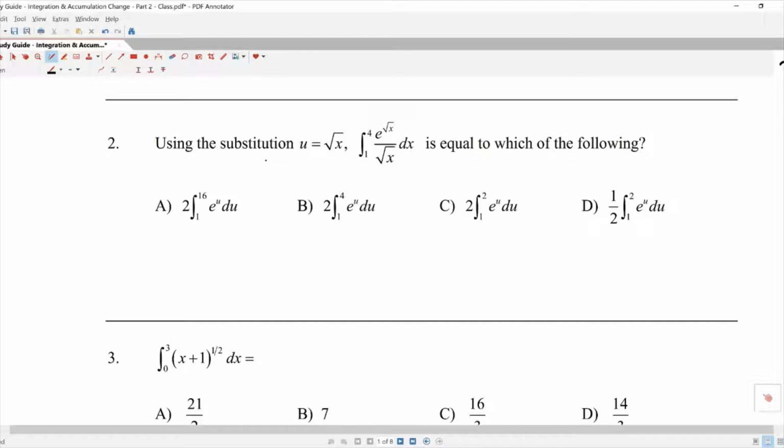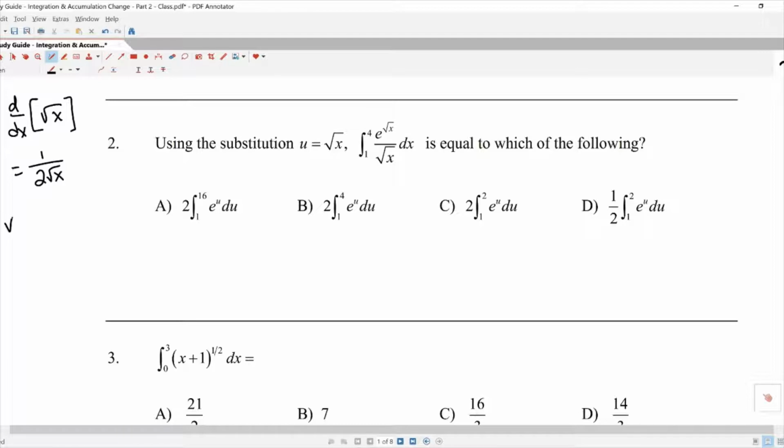Number 2, using the substitution u equals the square root of x, the integral of 1 to 4 of e to the square root of x over the square root of x dx is equal to which of the following? The first thing I think would be beneficial, and I'd suggest memorizing, is that the derivative of the square root of x is 1 over 2 times the square root of x.